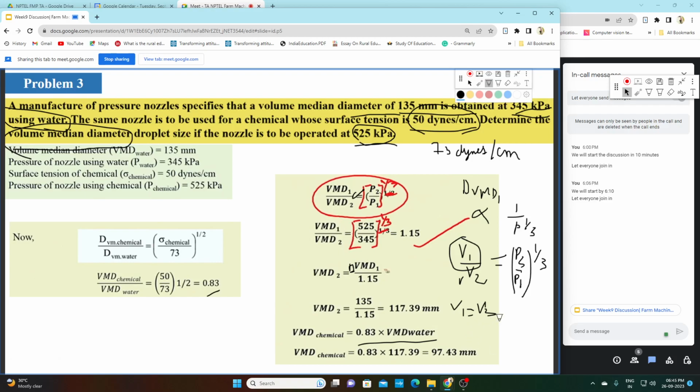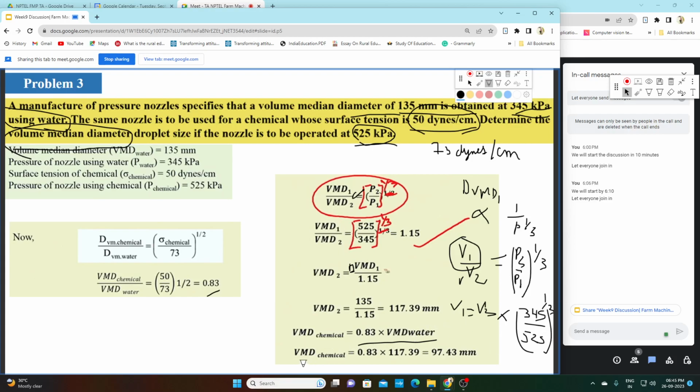So V1 will be equal to V2 into P2 by P1. Okay, what is P2? Sorry, P2 is your 345 kilopascal. So 345 divided by 525 to the power 1 by 3, that will be your answer.